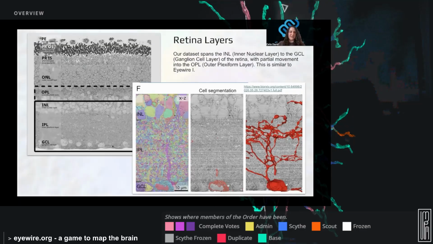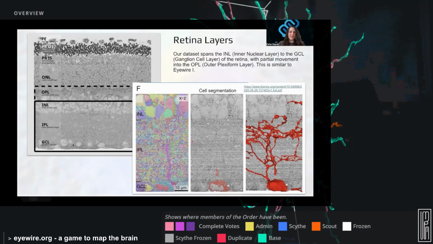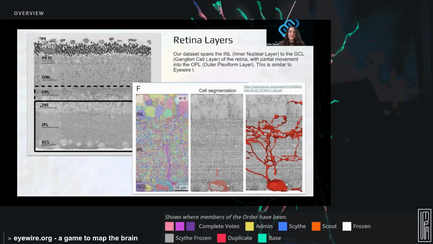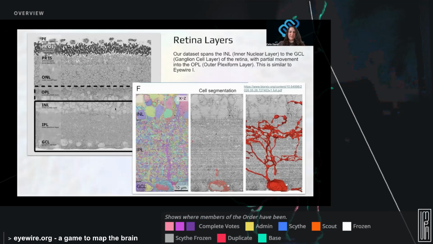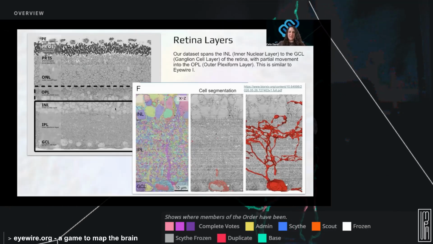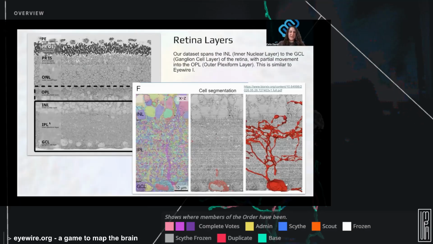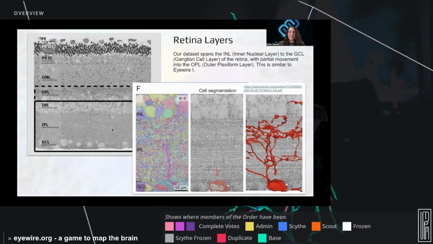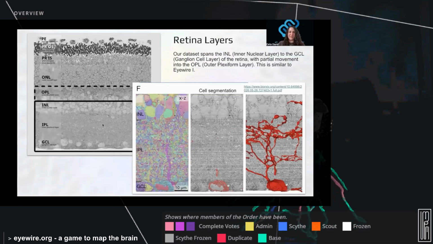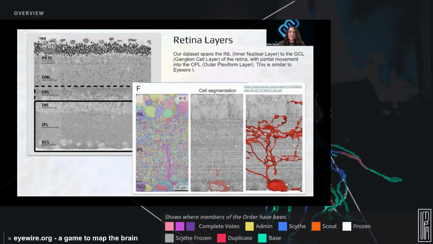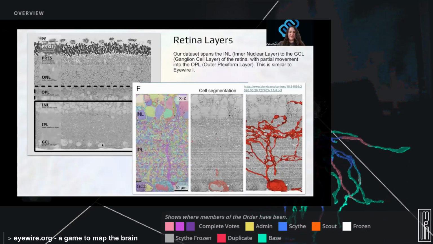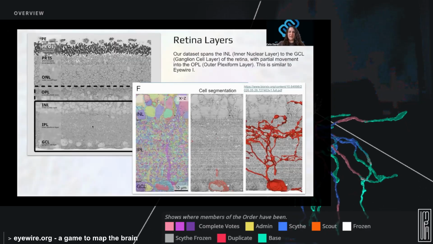So that's the ganglion cell layer. The somas are down in this layer. And then the INL is another layer that has somas. And then in between, you have mostly the branches of the cells. So this is the whole retina that you're seeing here. This is our area of the data set.